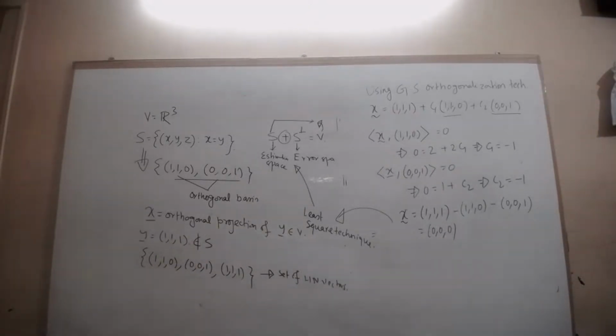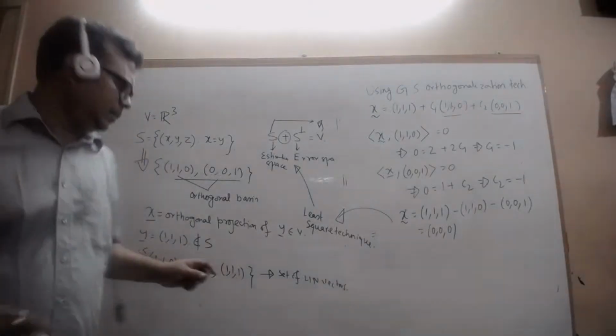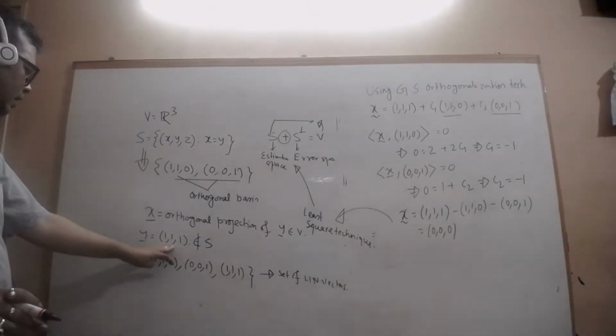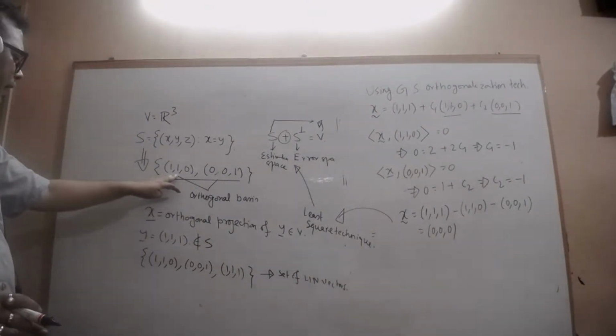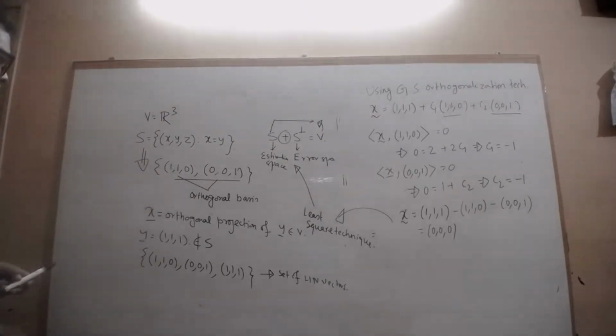So your orthogonal projection is the origin, because if you look at this vector, you see that it belongs to S. For that reason, your projection is nothing but a null vector.